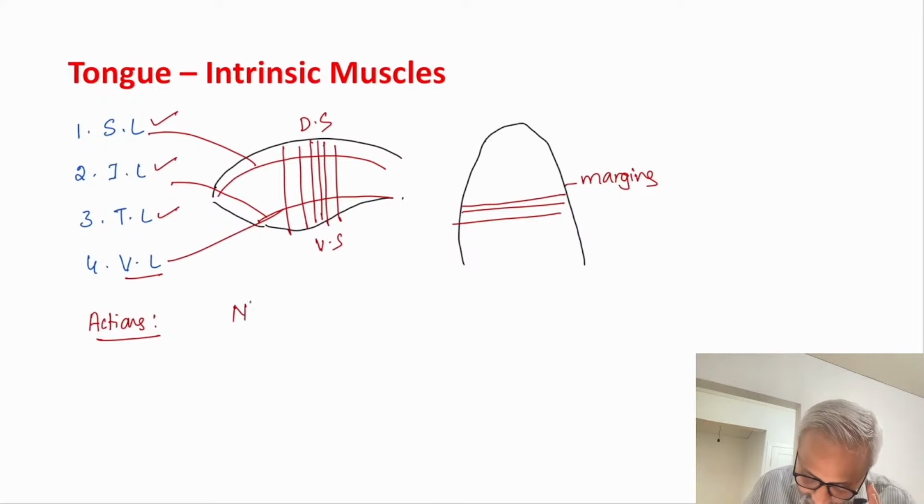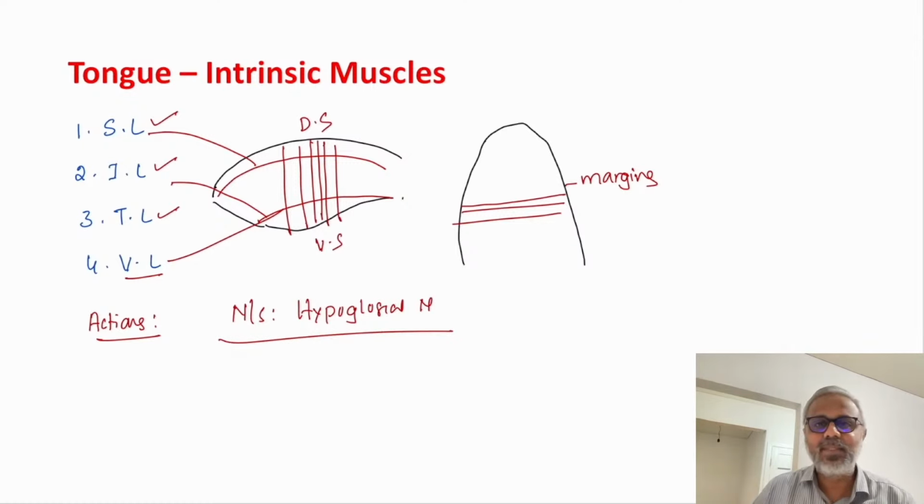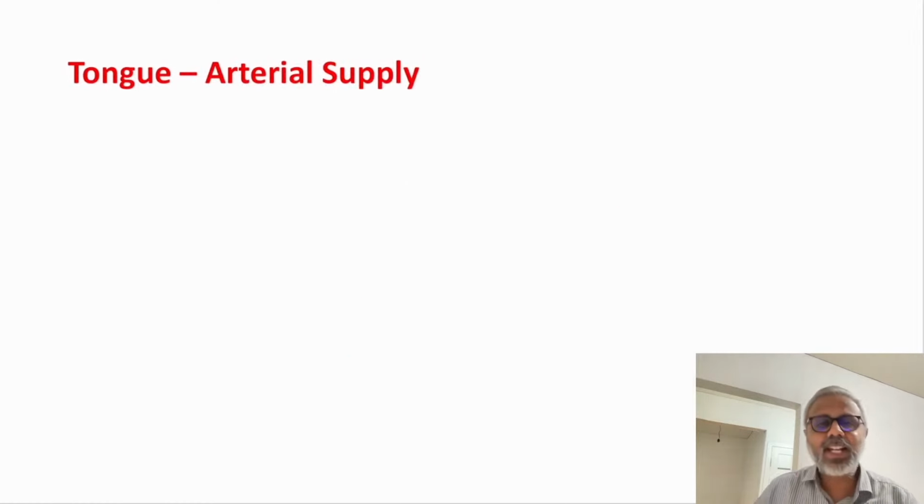This is regarding how we describe intrinsic muscles. Remember, again, all intrinsic muscles are innervated by which cranial nerve? It is the hypoglossal nerve. This is regarding the intrinsic muscles. Once we have written it, the next thing is regarding arterial supply. Now don't waste time writing the diagram to show the arterial supply.